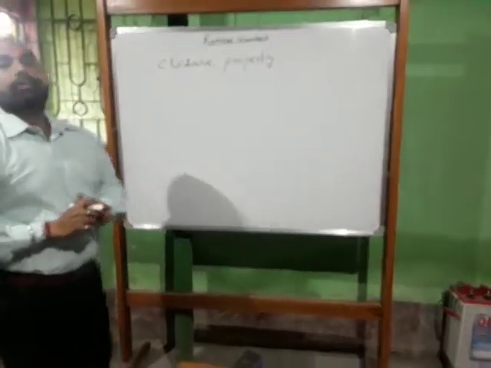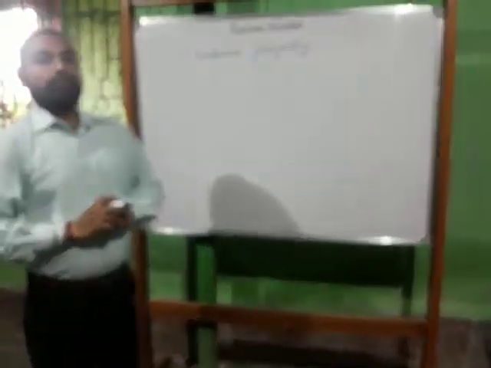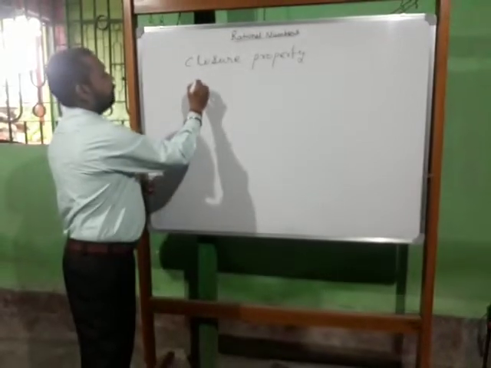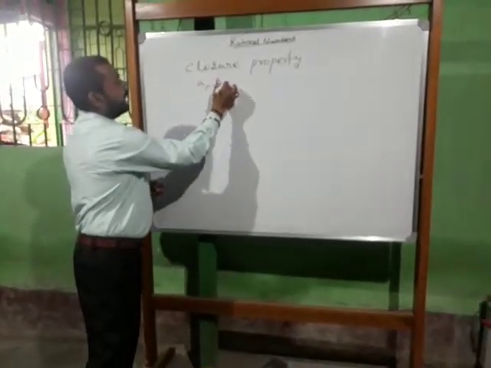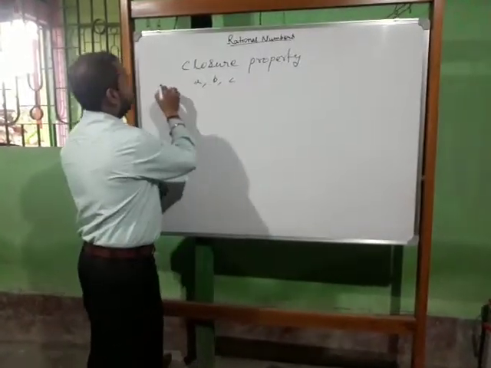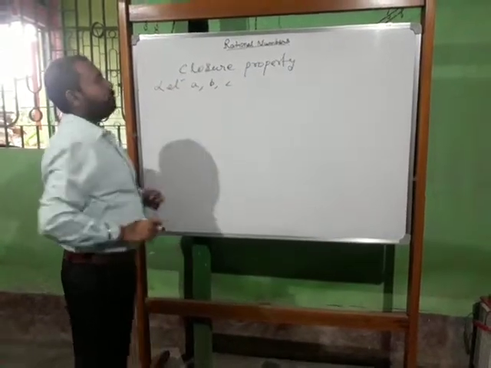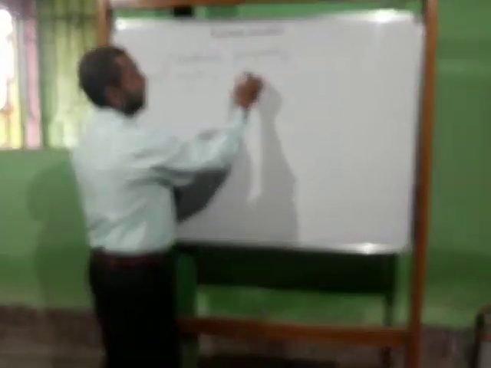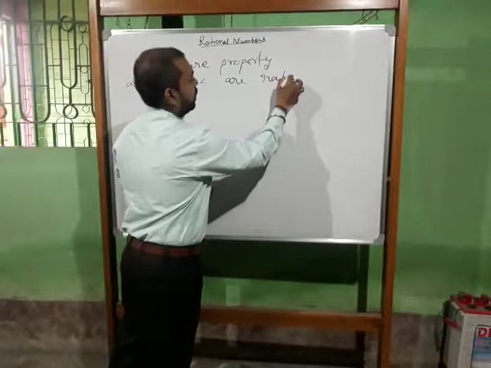Let us take three alphabets, A, B and C. Let A, B and C be rational numbers.